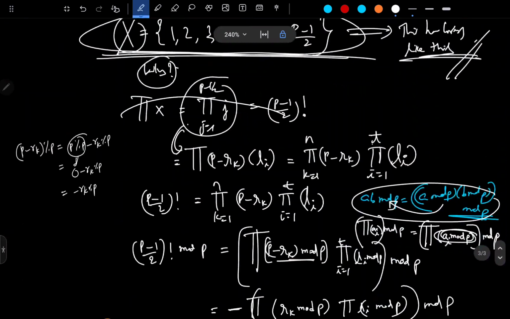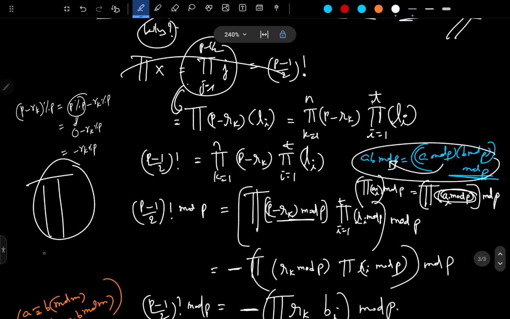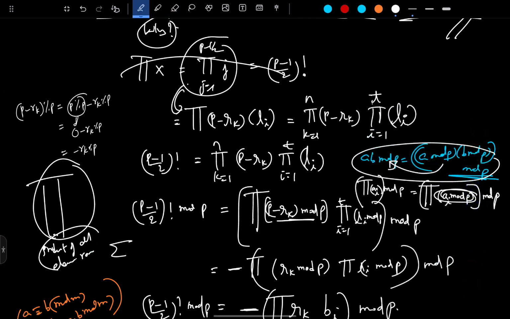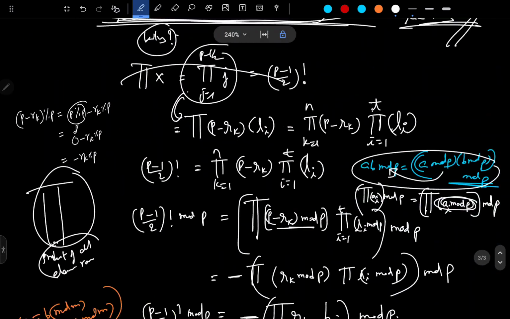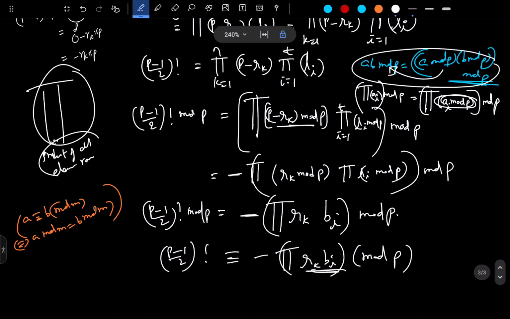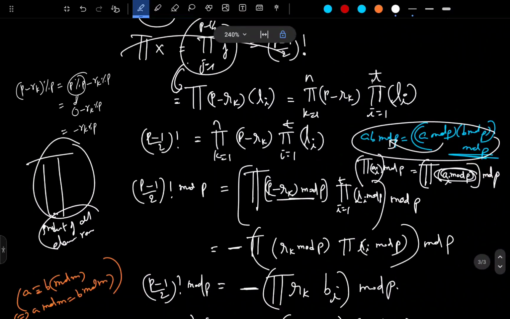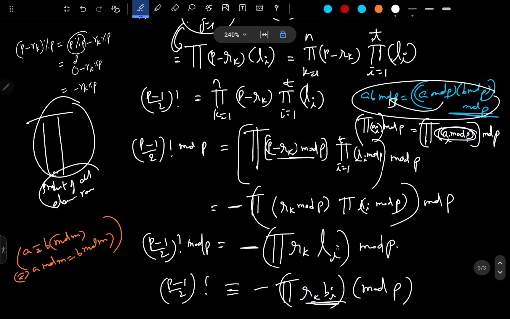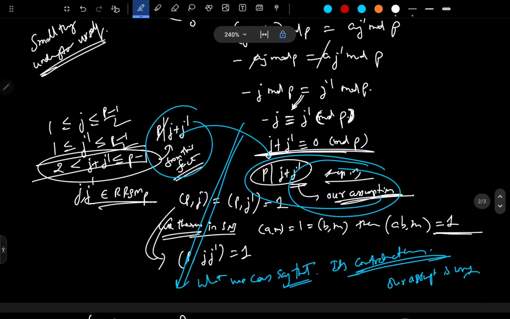Pi means the product of all elements ranging over whatever range I have mentioned, just like sigma, the summation of all elements. So what are rk and li? rk into li.